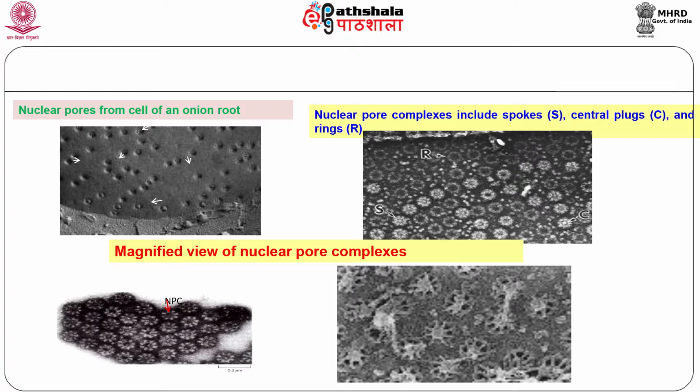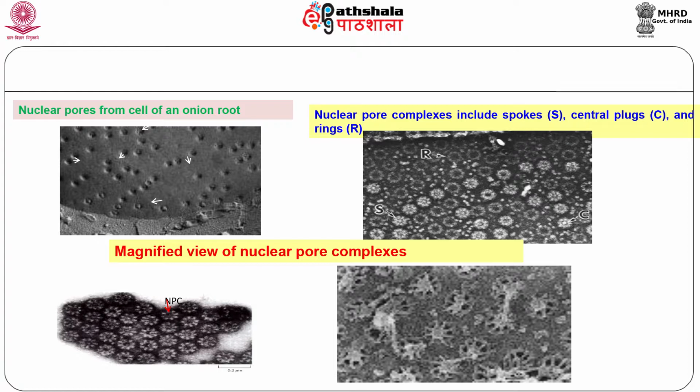There is lot of similarity in structure of nuclear pore complex in plants, fungi and animals. In first figure, you can see nuclear pore complexes as small circular structures that give a punctate appearance to the nuclear envelope. Next figure shows somewhat enlarged view of the nuclear pores.